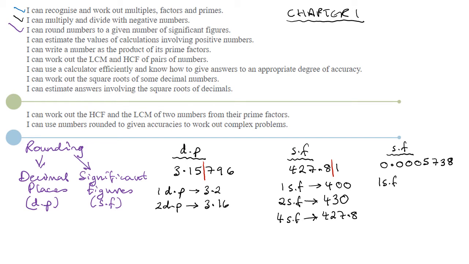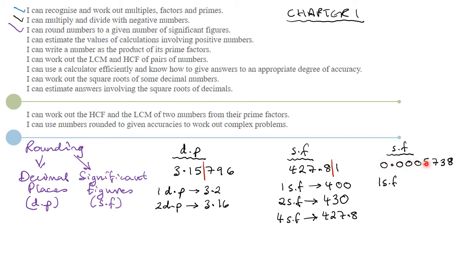Now with the previous example, remember I started counting the significant figures from here, 1, 2, 3, 4 and so on. Now with a number like this which has zeros in front, what we call leading zeros, you don't count the zeros.